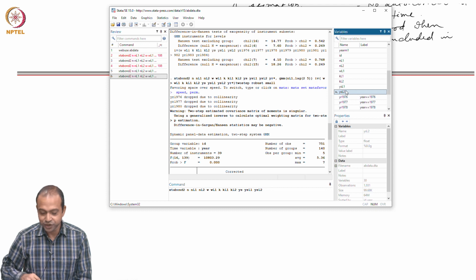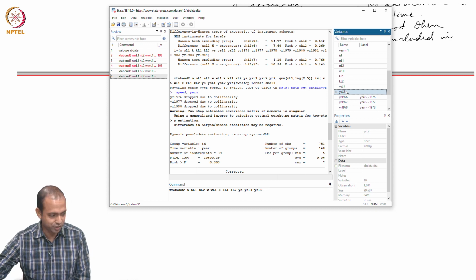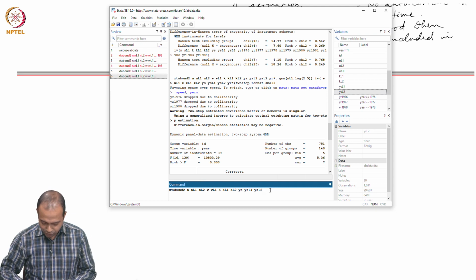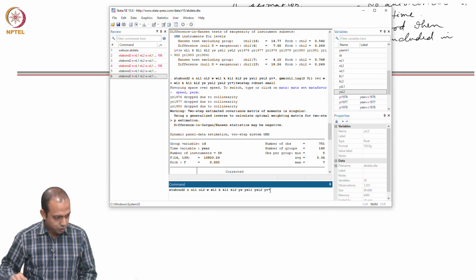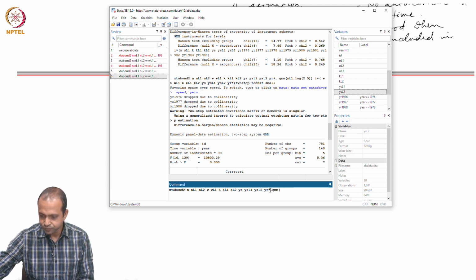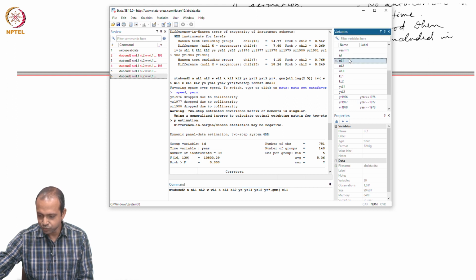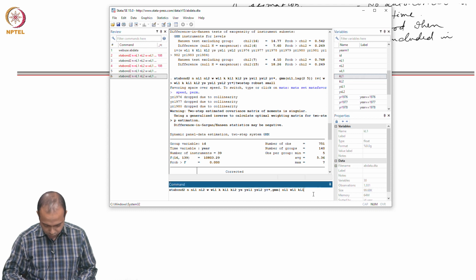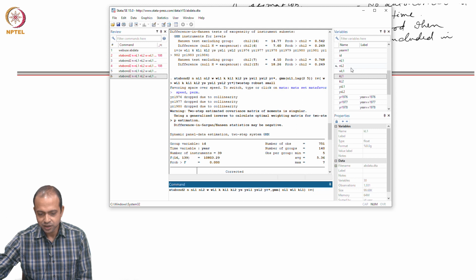So that means now I am considering wage and capital also as instruments, and then within IV I will be using ys, ysl1, ysl2 and yr star, then no level, robust and small.